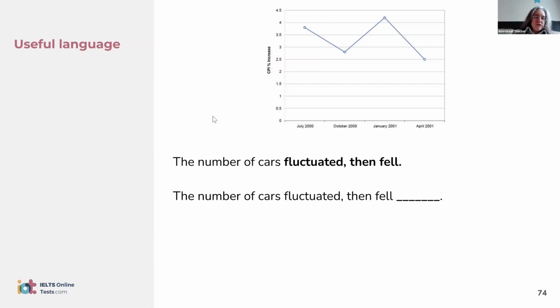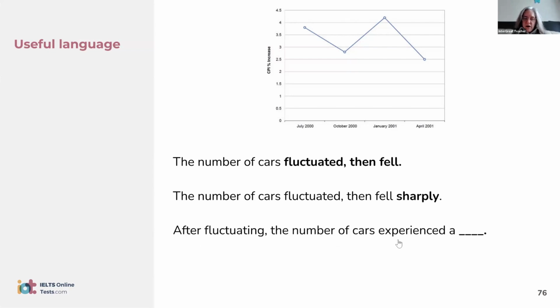So yeah, dramatically, sharply, drastically. Yeah, these are all good suggestions in the chat box. Okay, so nice, good. And here we have got sharply. So the number of cars fluctuated, then fell sharply.